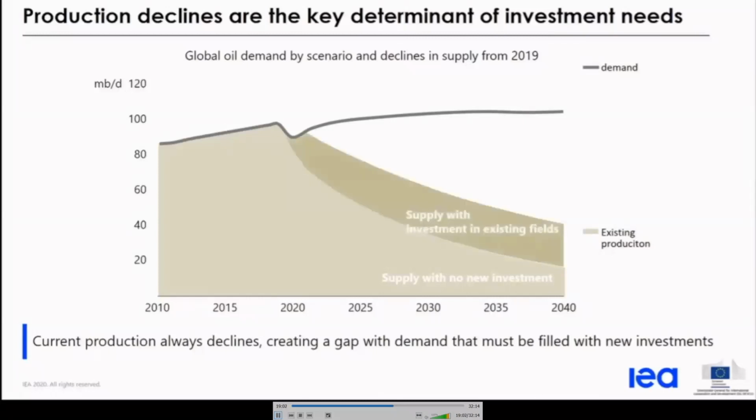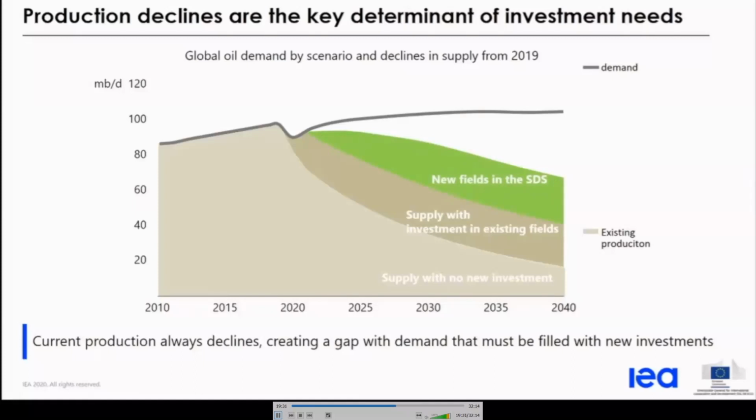If we invest only in existing fields, so essentially brownfield production, then we can see that with a fairly minimal amount of investment, oil production still will be maintained quite significantly through the 2020s and the 2030s. To look at the needs in the sustainable development scenario, we can see global oil demand emphasized by the top of the green line here.